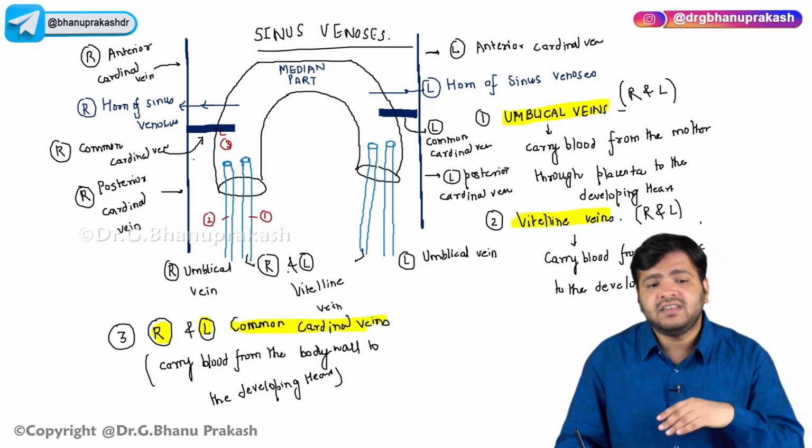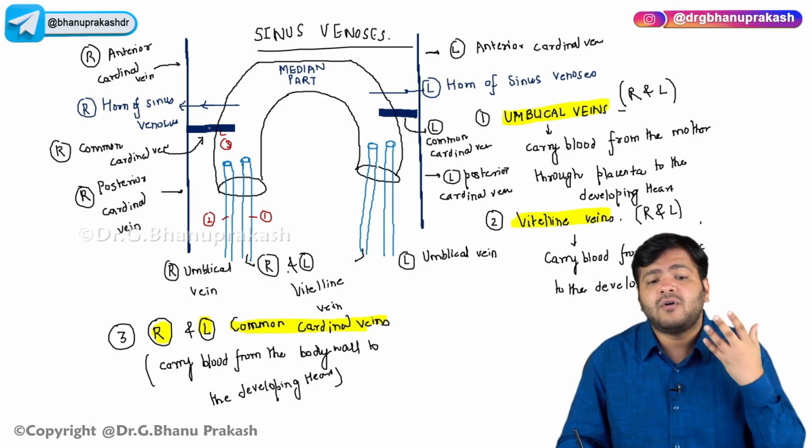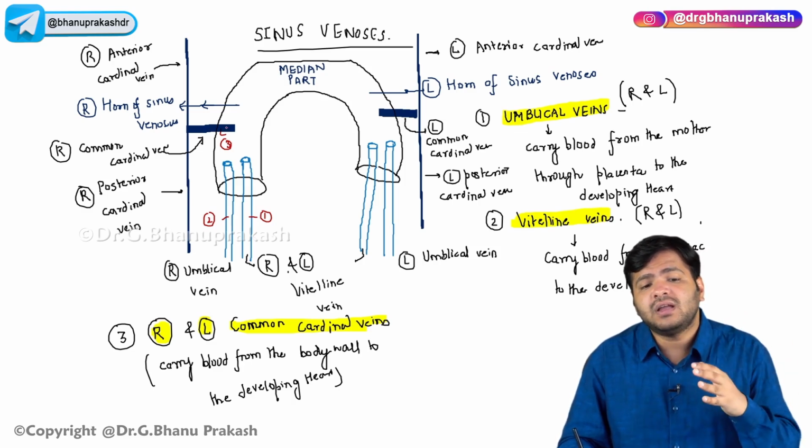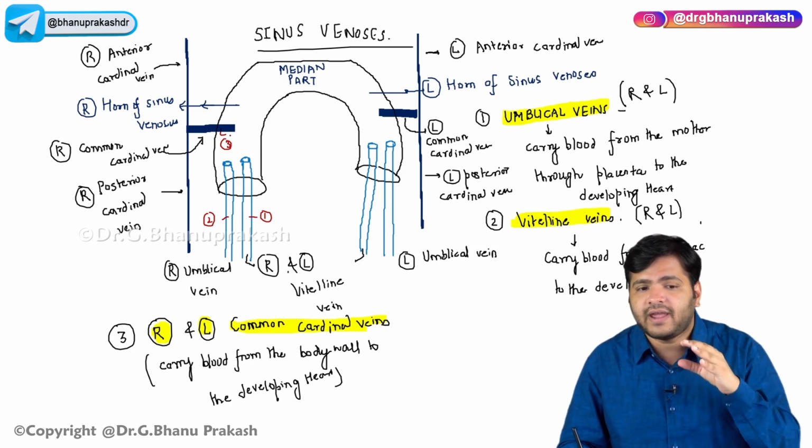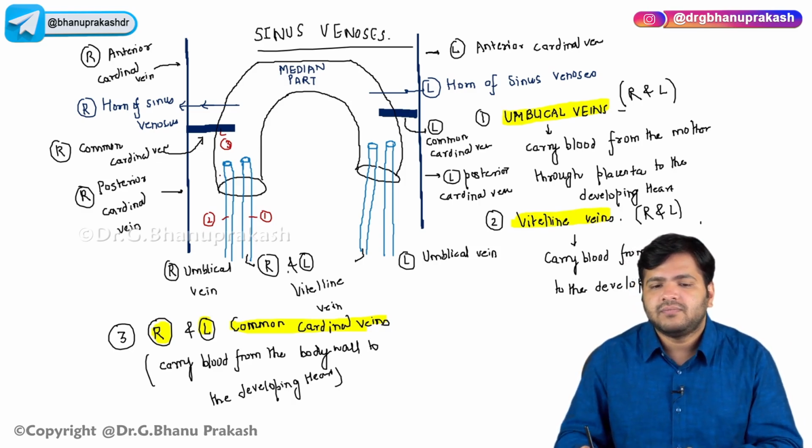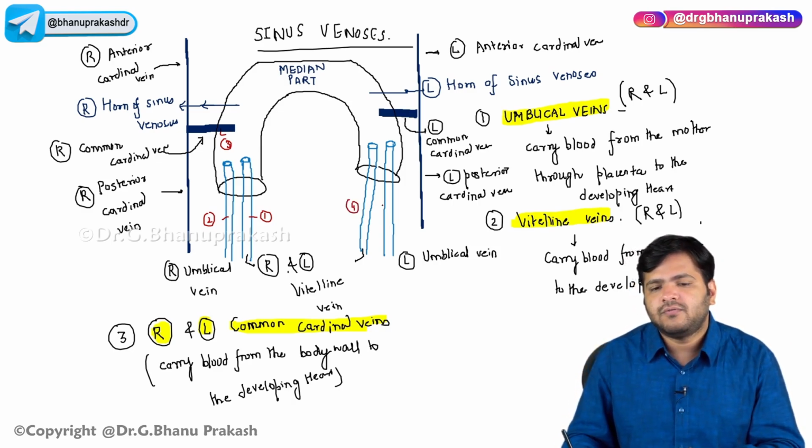Look, the right anterior and right posterior together form the common cardinal, and it is the common cardinal only which will drain. So it is the right common cardinal vein. Then we have 4, 5 and 6, right?